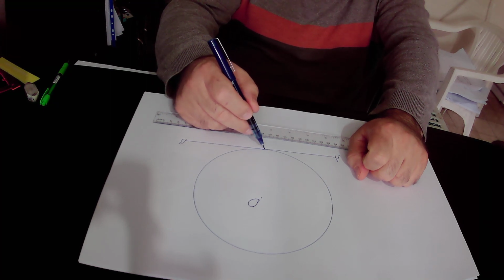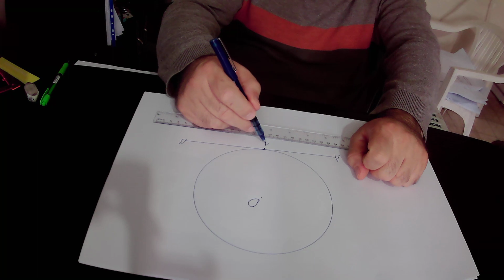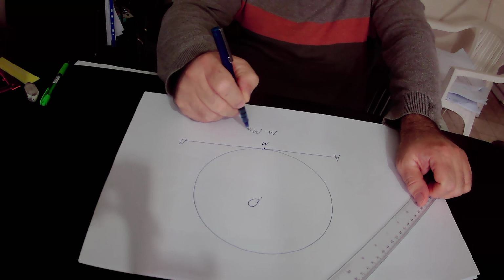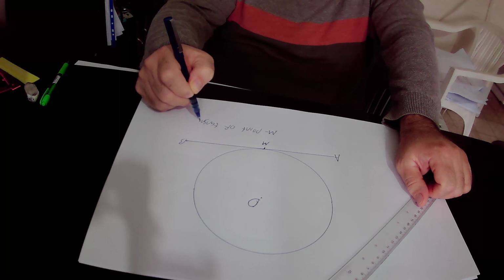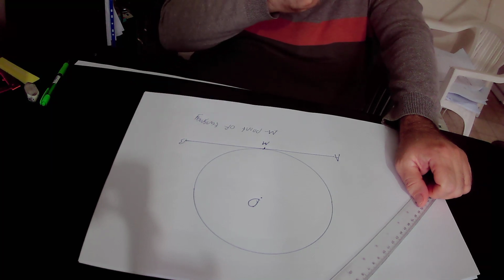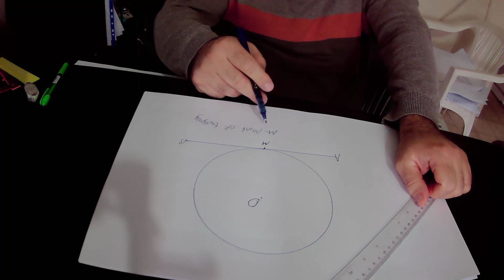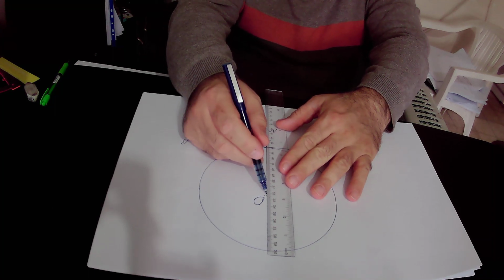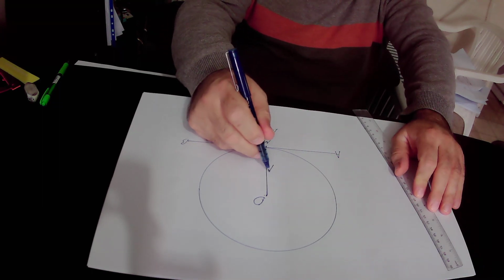We'll define the touching point between the tangent AB and the circle as point M. Point M is the point of tangency of tangent AB with this circle. We will join points O and M together by a straight line. OM is the radius of this circle, so we define it as R.